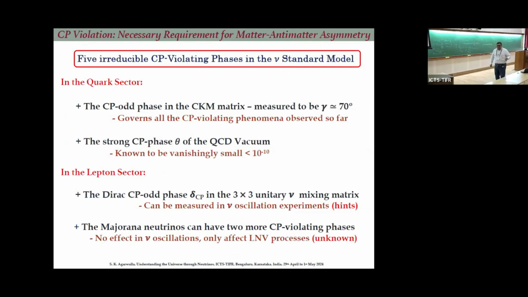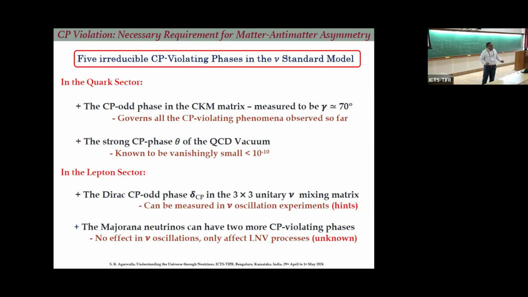So very quickly, when we think about CP violation, because from Sakharov's conditions, this is one of the conditions by Sakharov, right, that you need C or CP violation. You should see more events, more phenomena which are violating CP symmetry, right? So if you see the standard model with neutrinos, there are 5 irreducible CP violating phases. Let's count them. We have talked about the CKM phase, which is around 70 degrees.